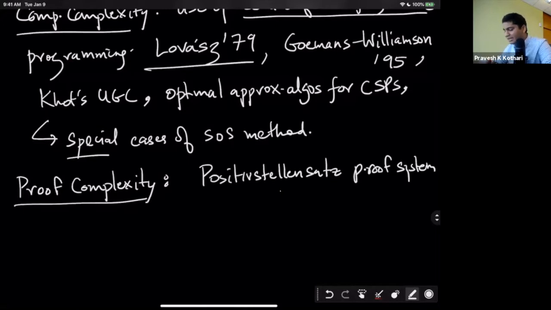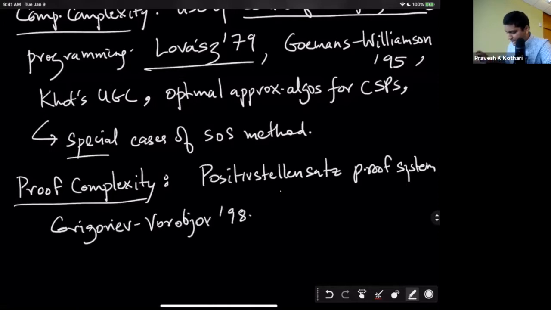And so they were proving results about the sum of squares method without actually calling it sum of squares. One of the pioneering works in this area is due to Grigoriev and Vorobjov from 1998.